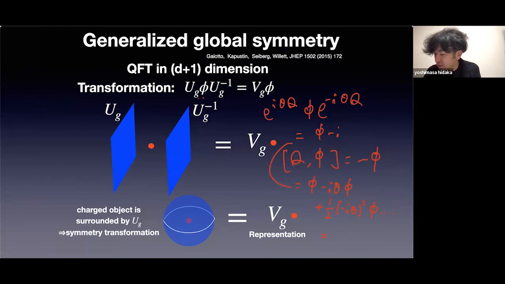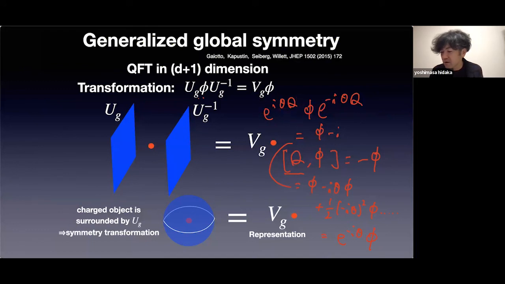Then this gives you the phi. So this is algebra. Yes, this corresponds to the Vg. This is the U1 generator.